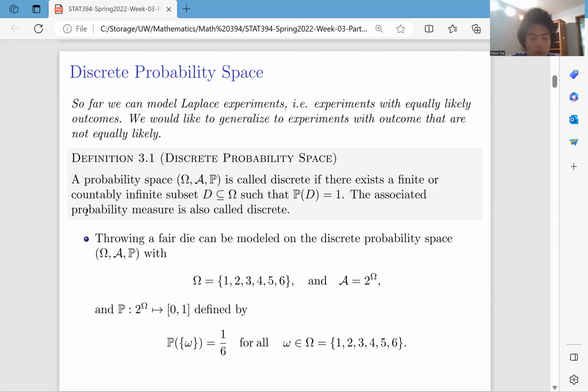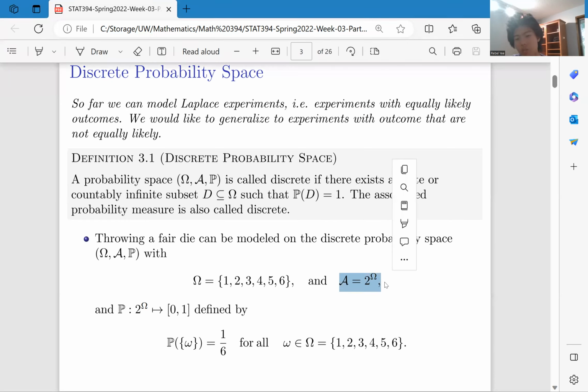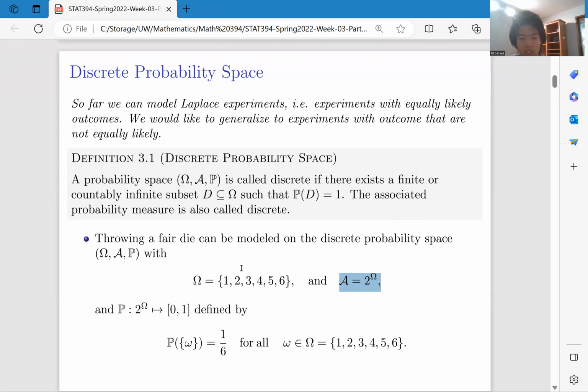Okay, so let's view a very simple example: throwing a fair die. We have the sample space from 1 to 6, and here the power set can be very large. It has 2 to the power of the cardinality of omega, which is 2 to the power of 6, which is 64. So we just use this notation to simplify all the cases of the subsets.